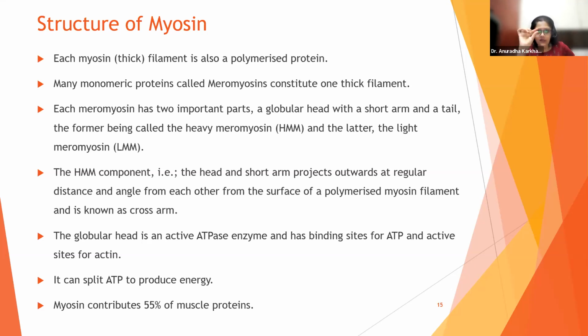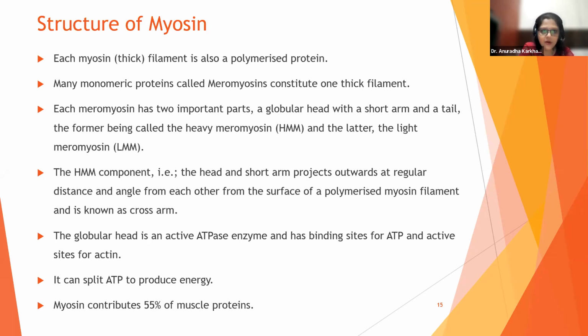So G protein single था and it was connected together to form a long chain of F. In the same way, even myosin is going to be made up of many such single units. These single units, like the G protein jaisa tha, are going to be made up of meromyosin.